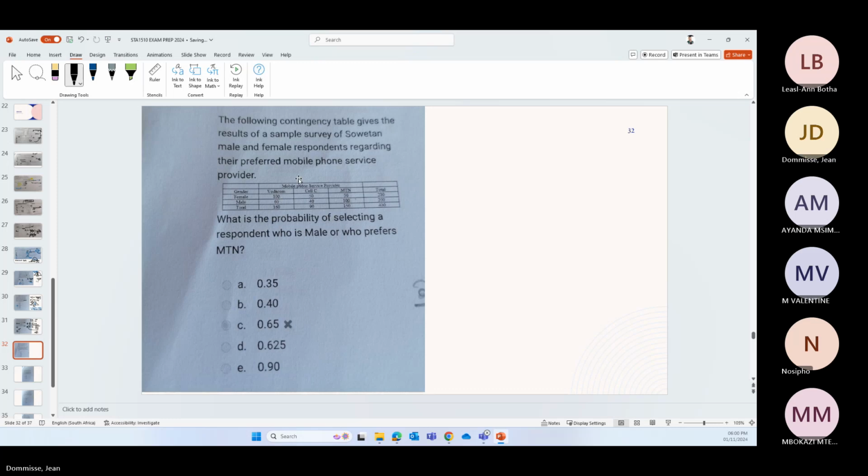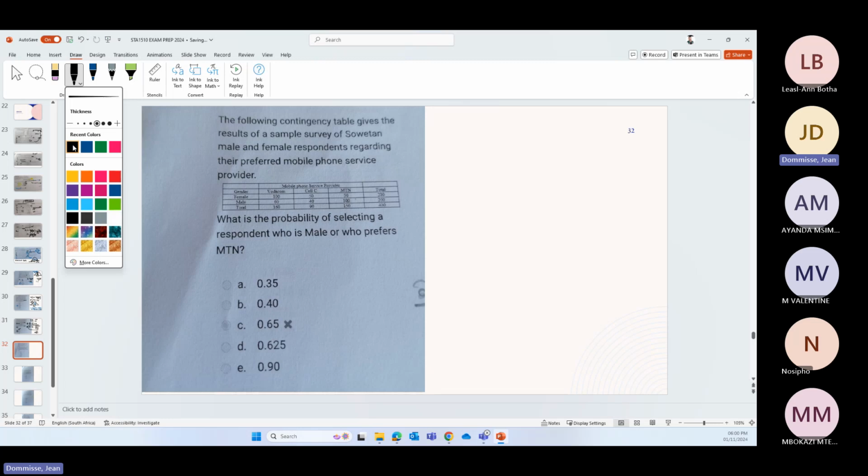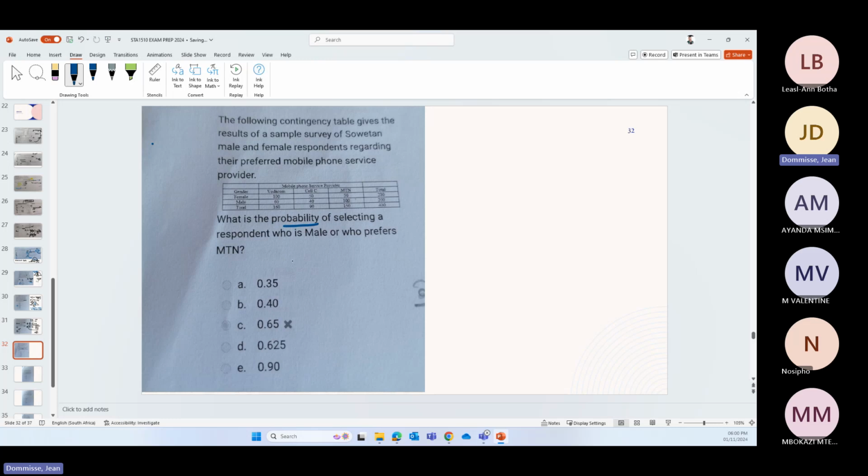Okay, yeah, we've got a probability table. So again, let's first see, is it probability? Yes, so not chi-square. Sometimes one can confuse it with that. So we're looking at male, female, and three service providers. What's the probability of selecting a respondent who is male or who prefers MTN?